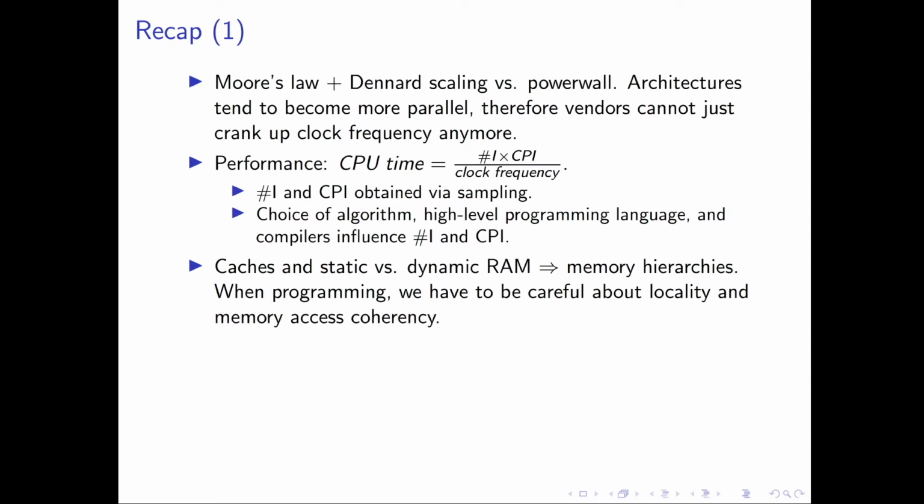We also learned that there are different types of memory, in particular cheap but slow memory, and expensive but fast memory. So the vendors tend to build more of that slow but cheap memory into the systems. And then certain memory regions called caches are constructed out of static memory.